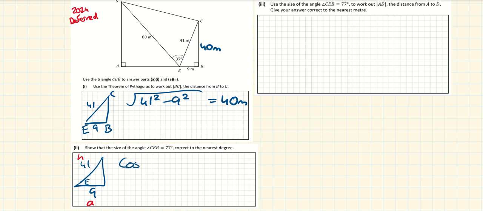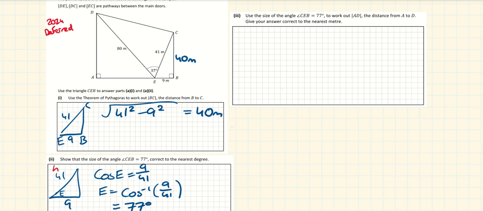So we've got cos e equals 9 over 41, or e equals cos minus 1 of 9 over 41, and that will give you, to the nearest degree, 77 degrees. I think it's 77.3 it comes to. The reason that it tells you to show the size is so that if you can't do that, you can still do part 3.